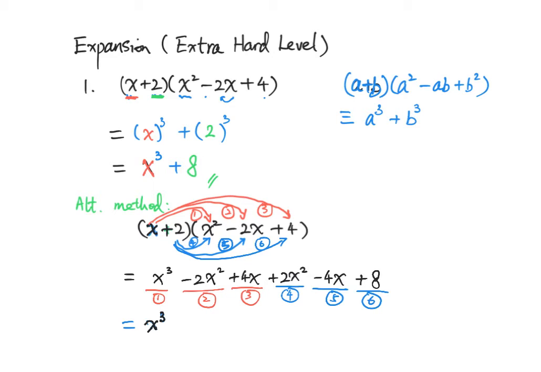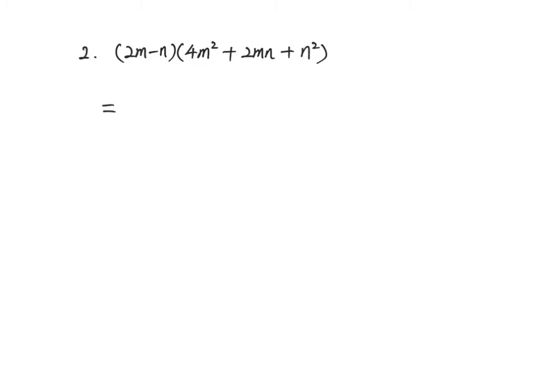Looking at the third term and the fifth term, one is positive 4x, another is negative 4x, which also cancel each other. So positive 8 is left. So the answer is x³ + 8. That's it.